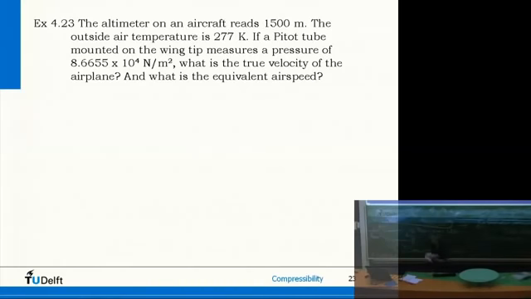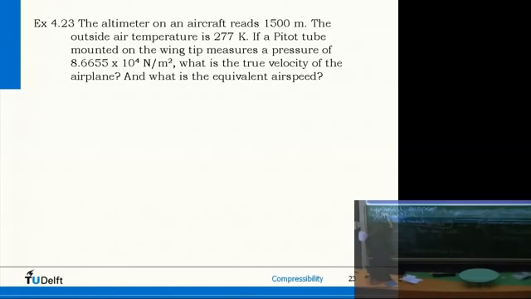V is the square root of 2 times P0 minus P over rho S, and this is at standard sea level conditions.